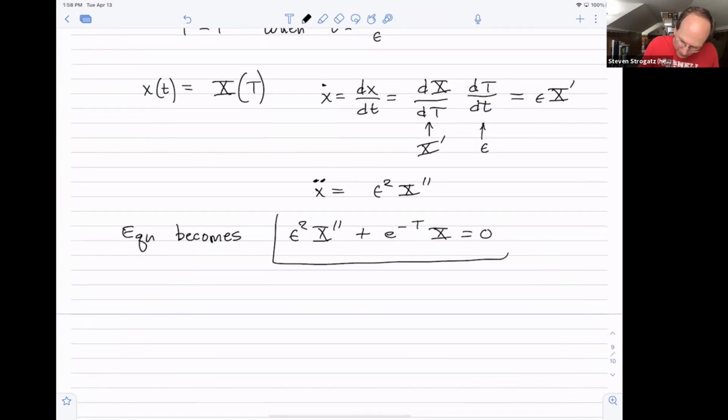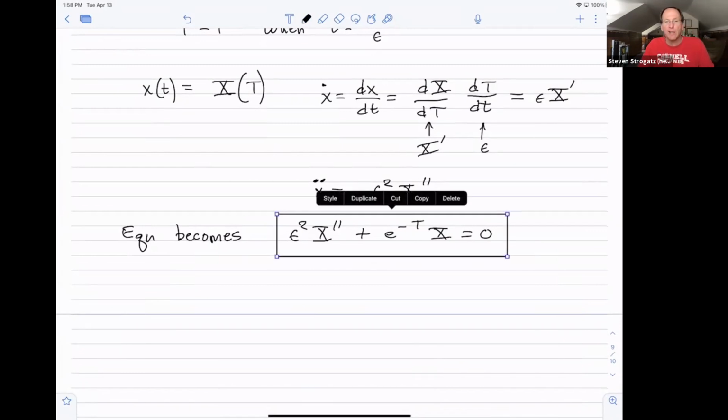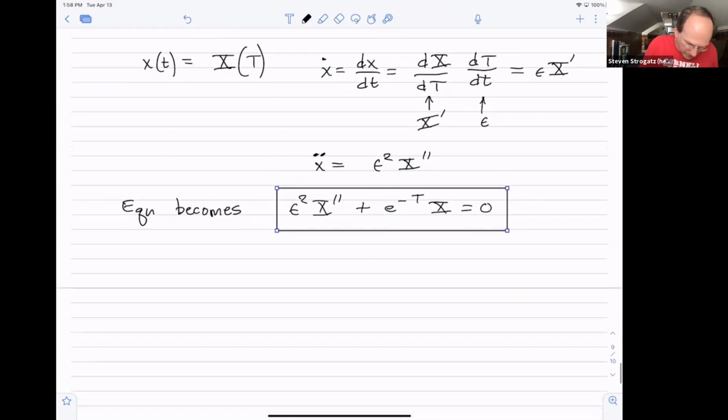So now it's looking very much like what we've been talking about throughout the lecture. I mean, in fact, this is a Schrodinger equation now. Pardon my German. Actually, Schrodinger was Austrian.